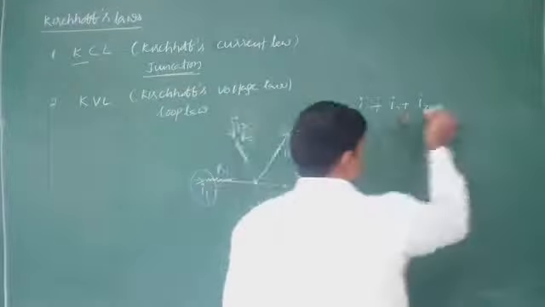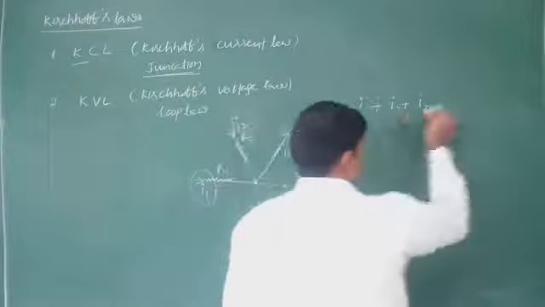In the Kirchhoff voltage law, or loop law, the algebraic sum of the potential differences in a closed loop. In the second one we are using loops, not a junction. That's why the first one is the junction law and the second is the loop law.